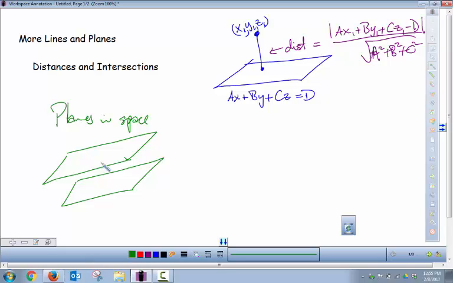You're essentially trying to figure out what's happening with three different planes. And there's a possibility that a couple of planes are the same. So in this case, we're just looking at two planes, and your planes are either parallel or they intersect.